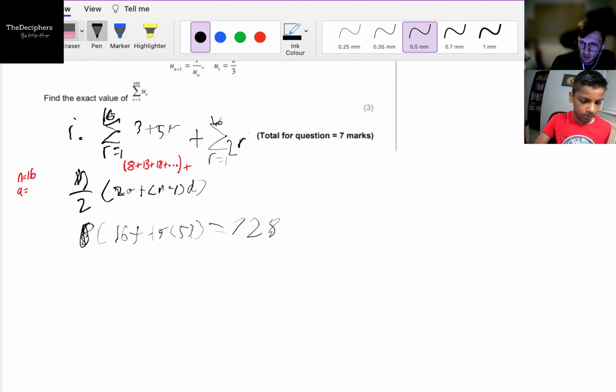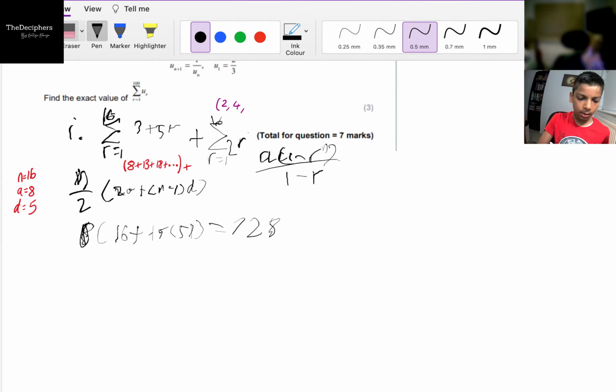And then we've got this 2 to the r part as well. The sum for that is just a times 1 minus r to the power of n, divided by 1 minus r.